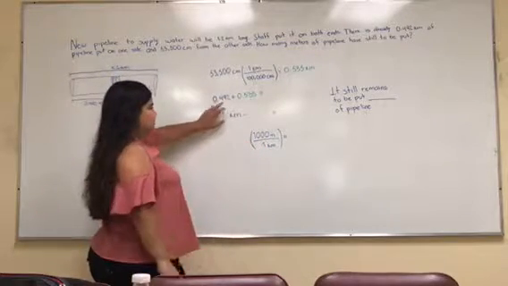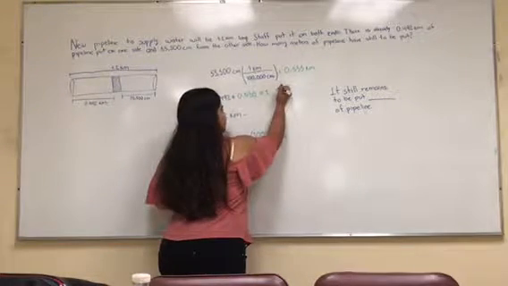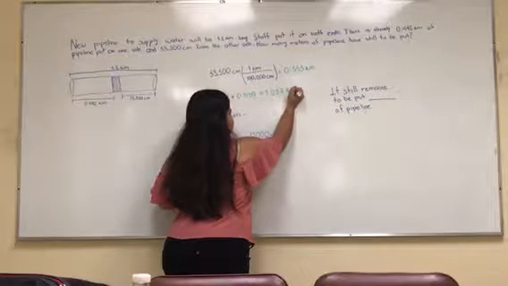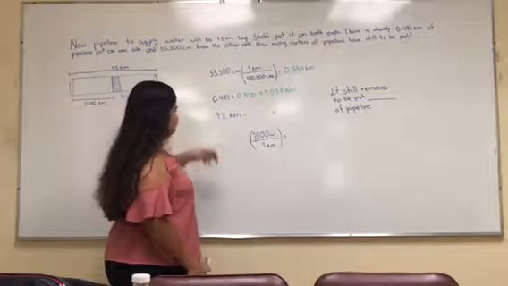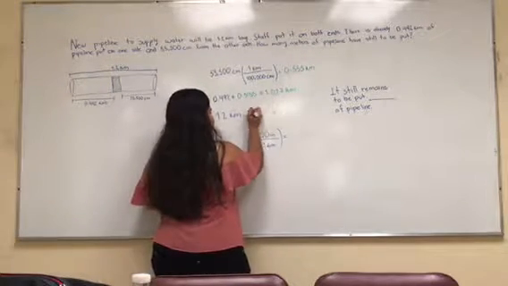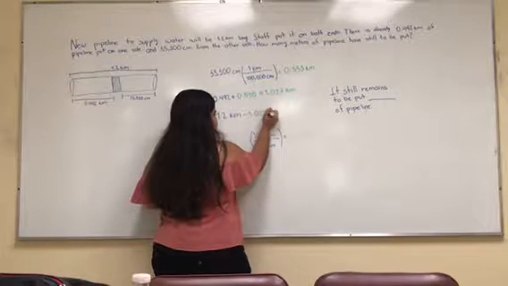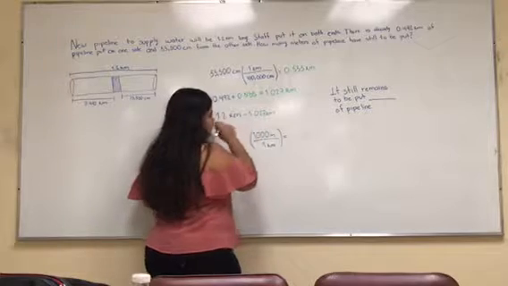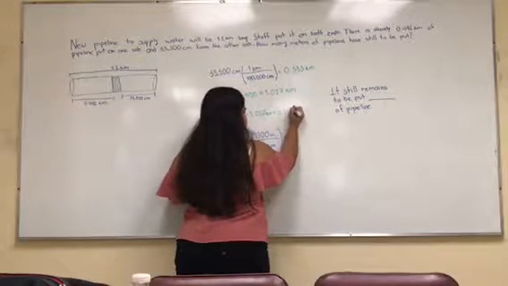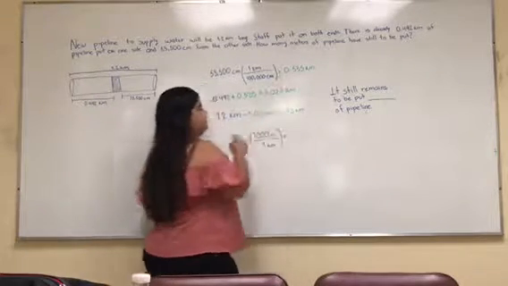The result is 1.027 kilometers. Then 1.2 kilometers less 1.027 kilometers. The result is 0.173 kilometers of pipeline missing.